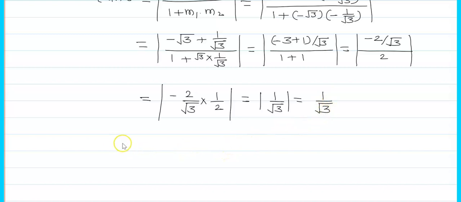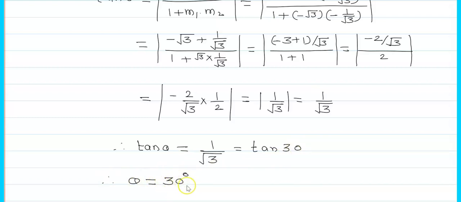Therefore tan theta is equal to 1 upon root 3, and that is nothing but tan of 30, and hence theta is equal to 30 degrees.